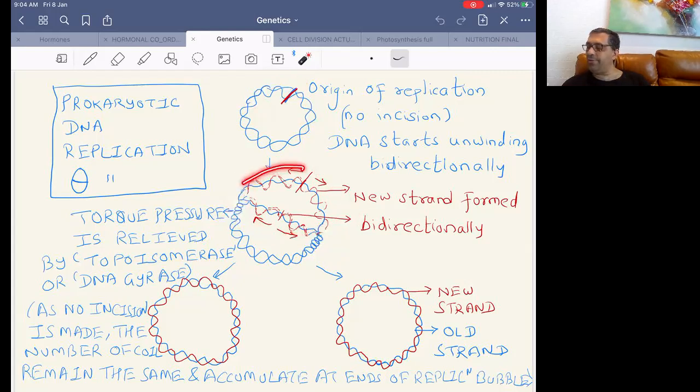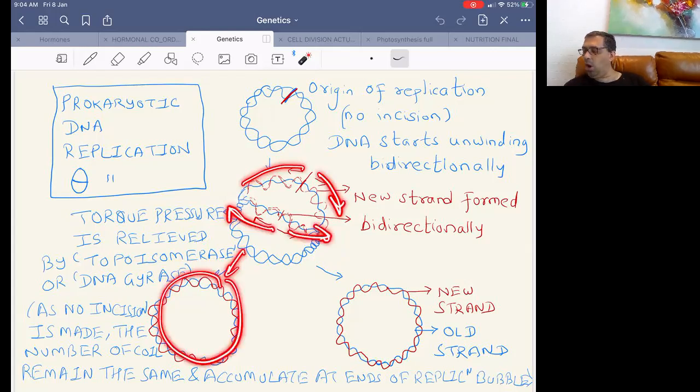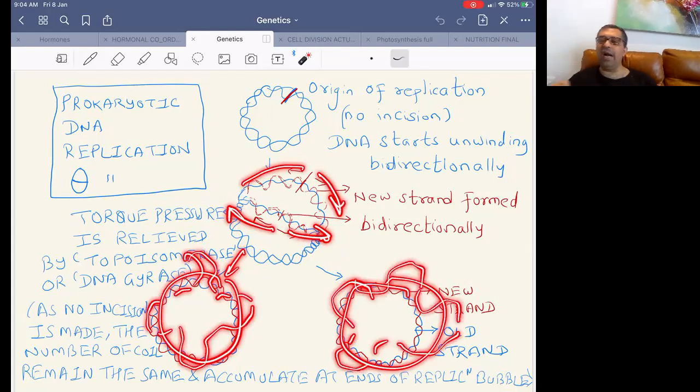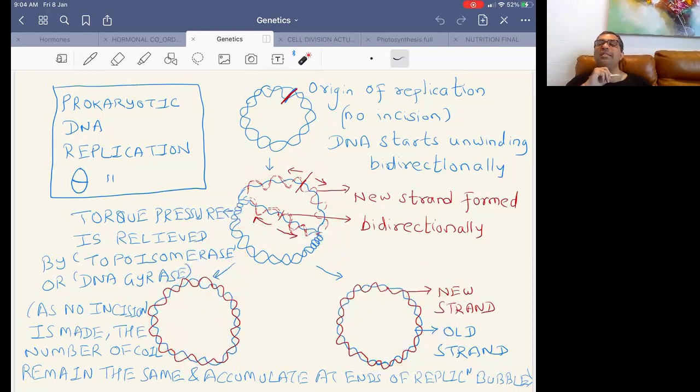New nucleotides were supplied by DNA polymerase, and one mother DNA became two daughter DNAs, one original strand, one new strand, one original strand, one new strand. So this is also the semi-conservative method of DNA replication.